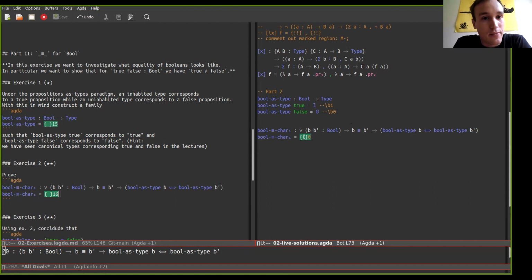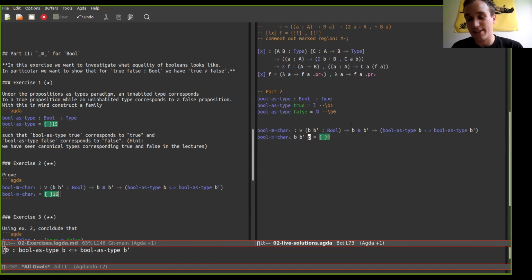Path induction, yeah. So we have B prime, and P. I use P for identities because I'm very used to thinking of them as paths. I work a lot with cubical Agda.